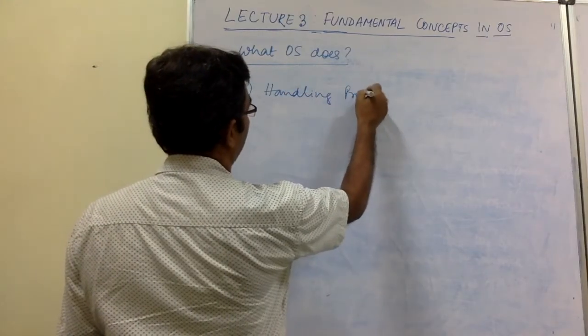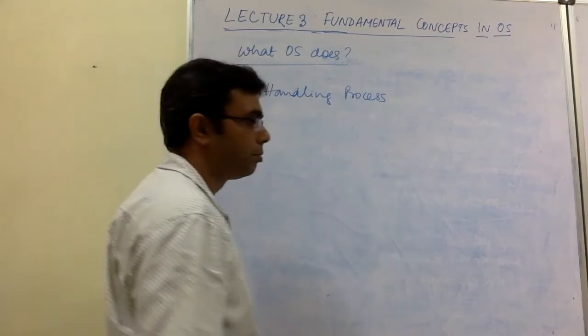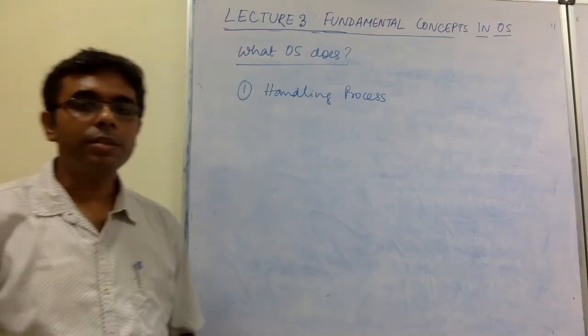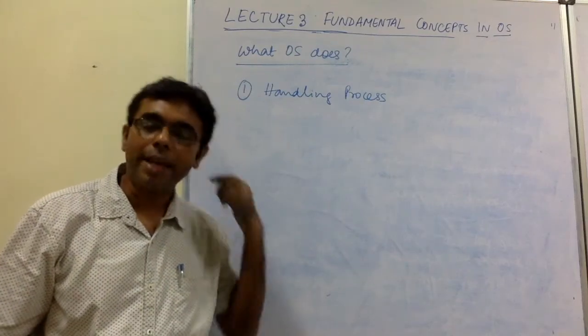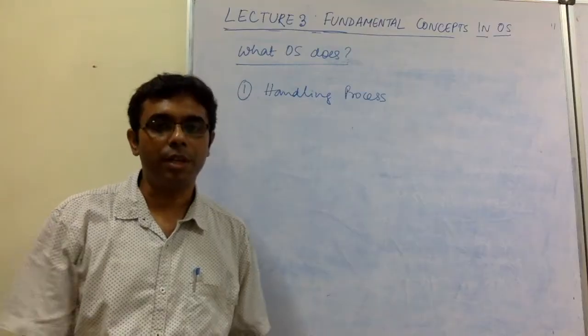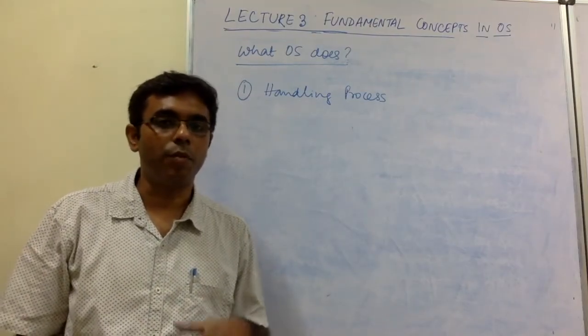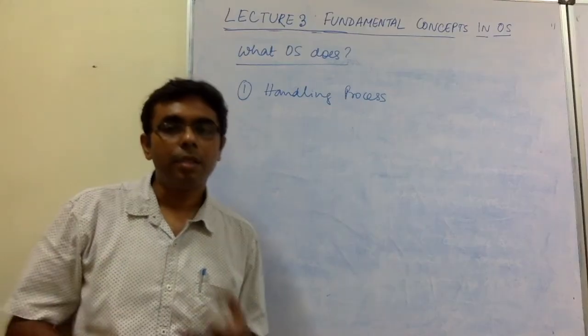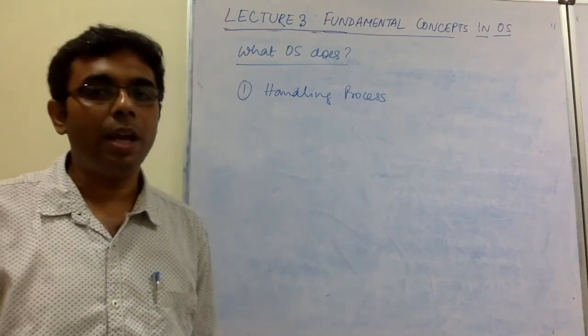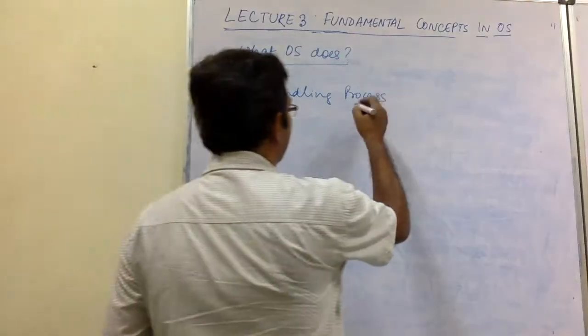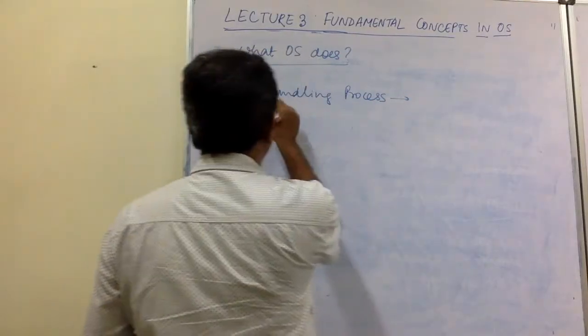We already have seen that it's nothing but some kind of mechanism by which the programs interact with the hardware. And we don't say program now, we say processes. So we have processes, and what the OS does is it primarily handles them. That is process management, you can say.